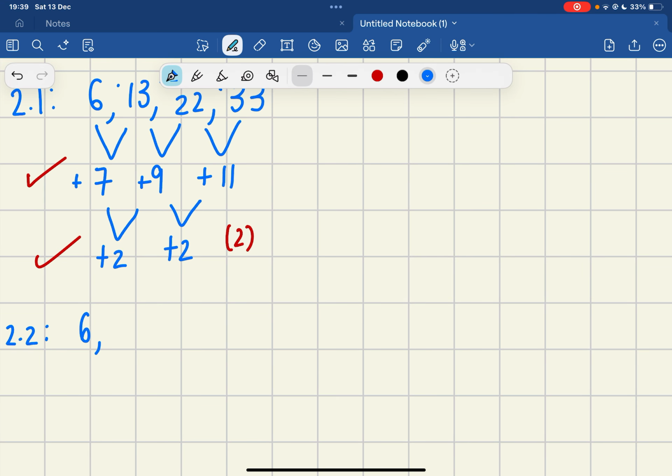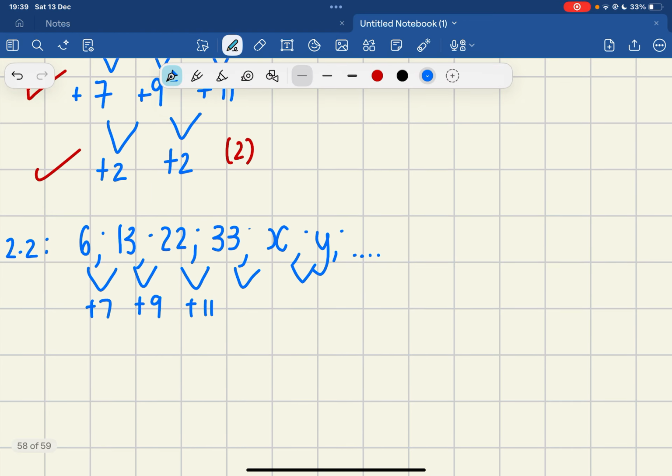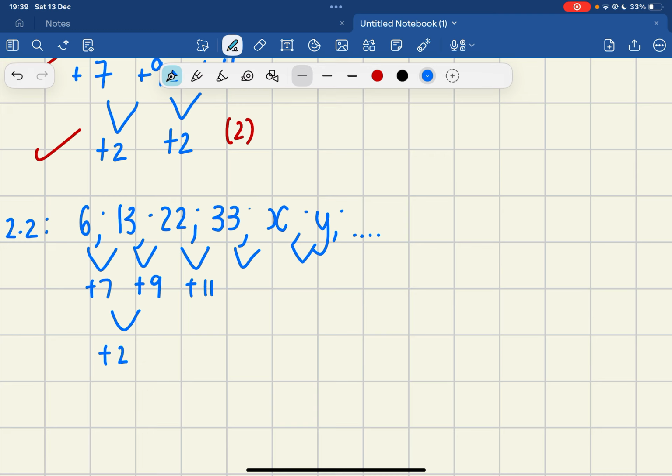We have 6, 13, 22, 33, x, y, and so on. We add 7, add 9, add 11, and from there on, we add 2 to each term.